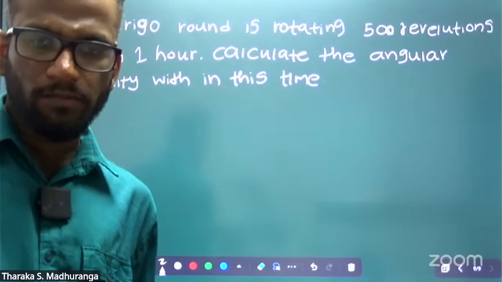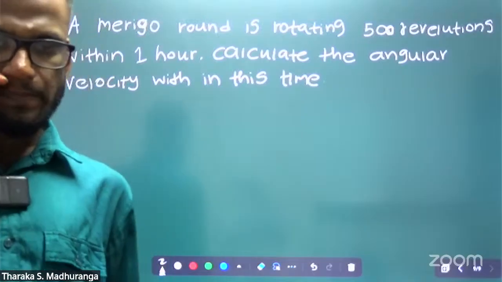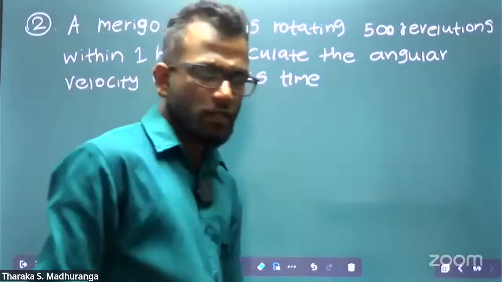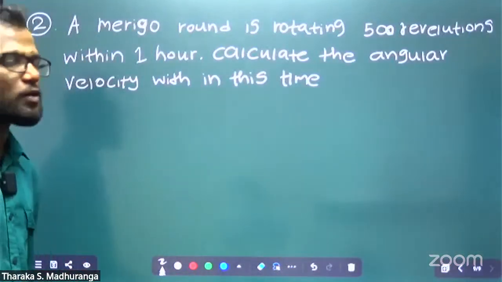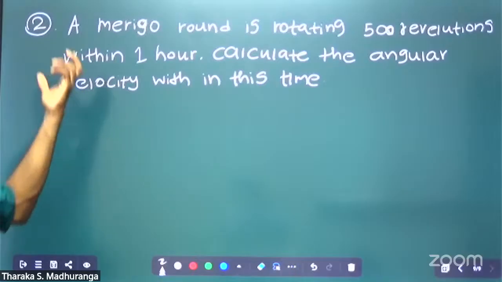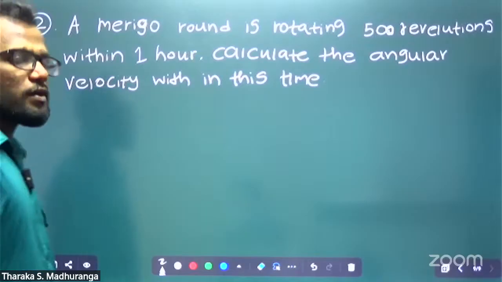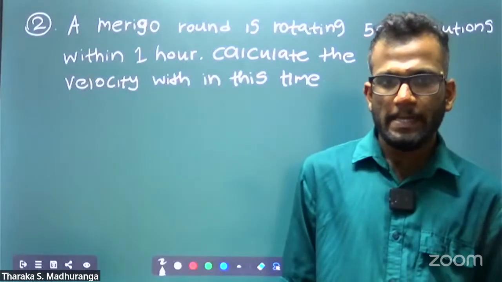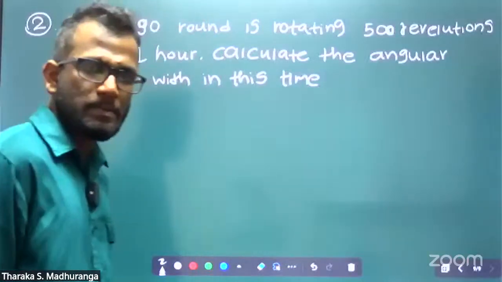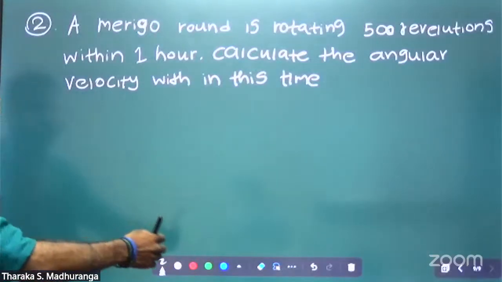Okay, let's see. I think it is a 0 point value, right? It's a very small value because within 1 hour, 500 revolutions. Okay, let's try.